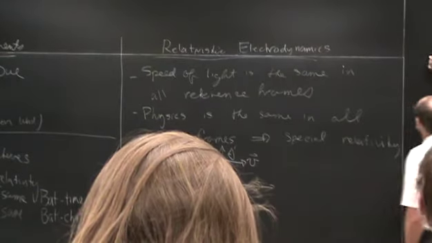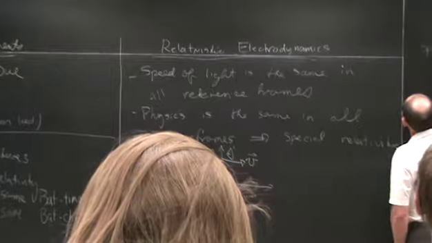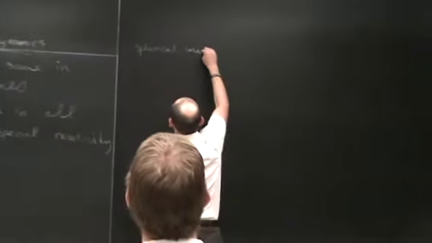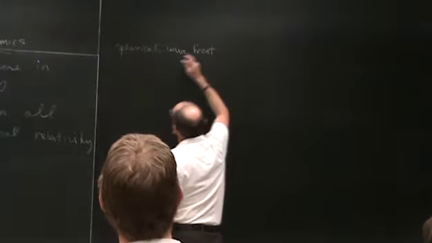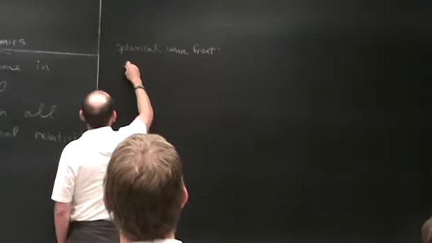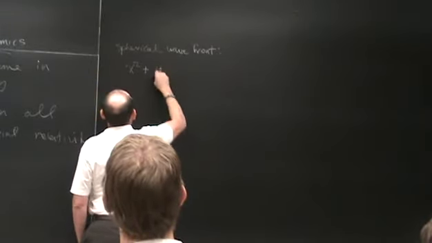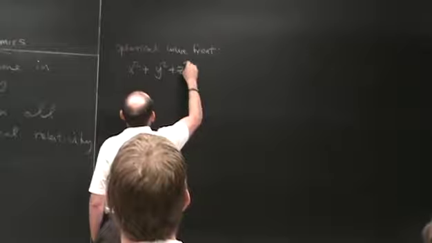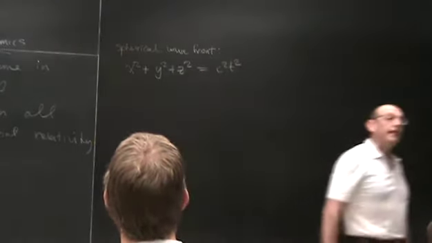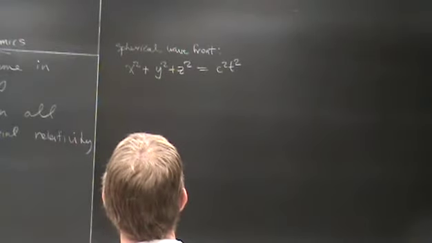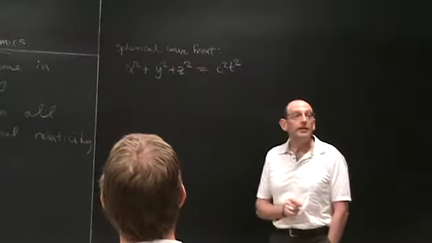Okay? So, if we look at a spherical wavefront, then all of the points on that spherical wavefront occur at positions x, y, and z such that x squared plus y squared plus z squared equals the distance light travels in time t, ct, quantity squared, okay?